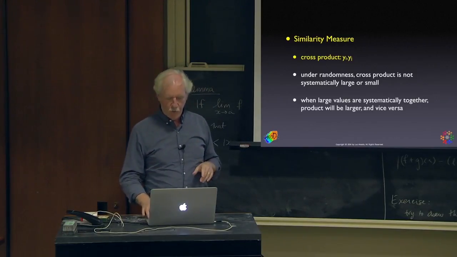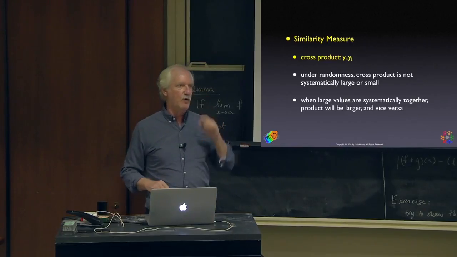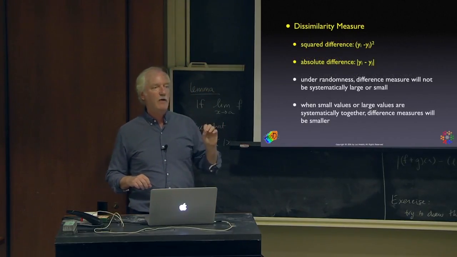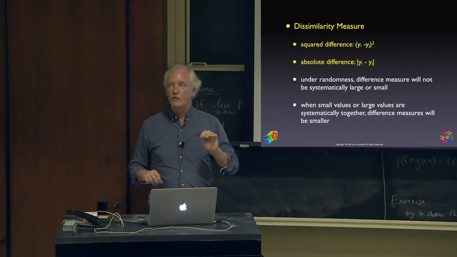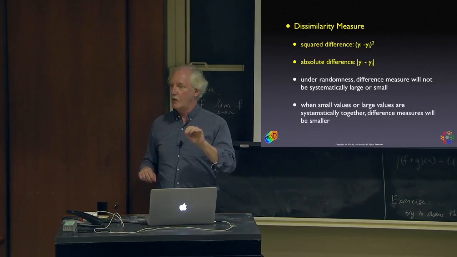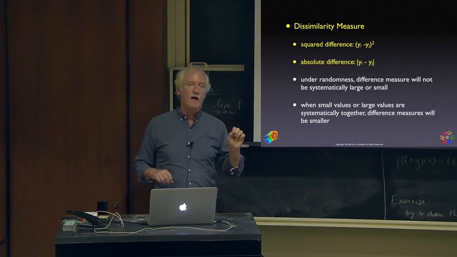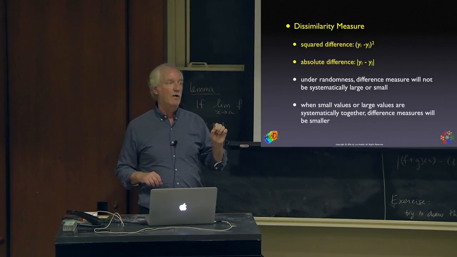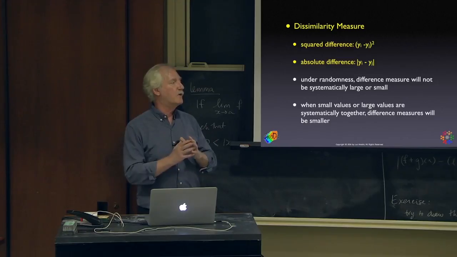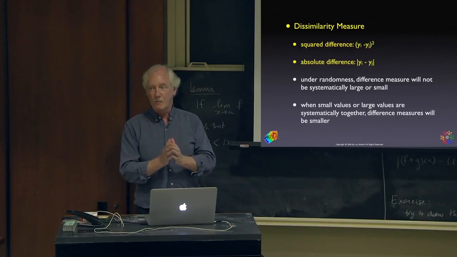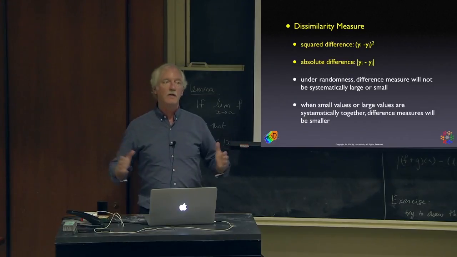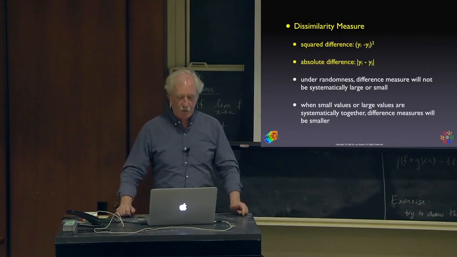Now, the next two are the other side of the coin. So attribute similarity, the larger the product, the more similar they are, right? Attribute dissimilarity is the other way around. The smaller the value, the more similar they are, because it measures the difference between them. So if the differences are small, they are similar. If the differences are large, they are dissimilar. They are not similar, right?